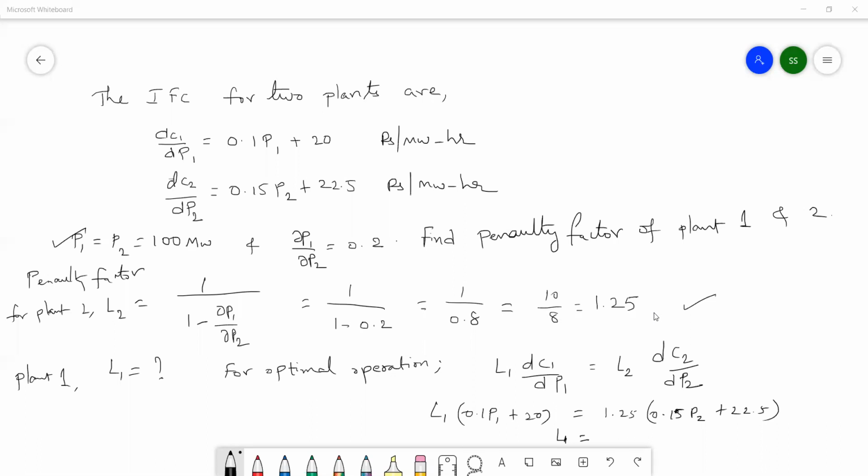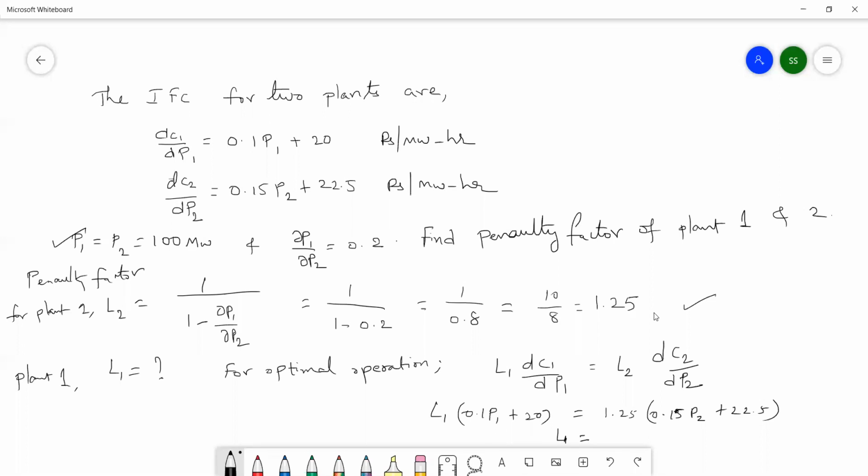And for plant 1, by using the condition of optimal operation, L1 dC1 by dP1 equals L2 dC2 by dP2, substituting the given data: L1 into 0.1 P1 plus 20 equals 1.25 multiplied with 0.15 P2 plus 22.5.